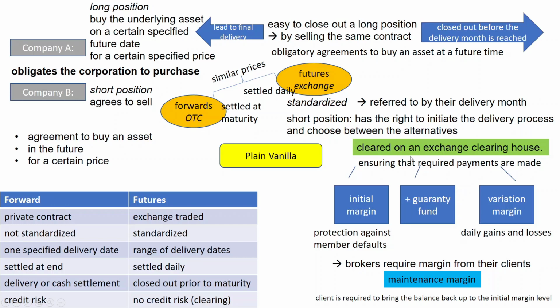And also, when we have to talk about margins, this is where practically is described how margins are structured. So there is just the initial margin, which is defending ourselves against the default of the partner. There is also a guarantee fund. There is the variation margin, so daily gains and losses.